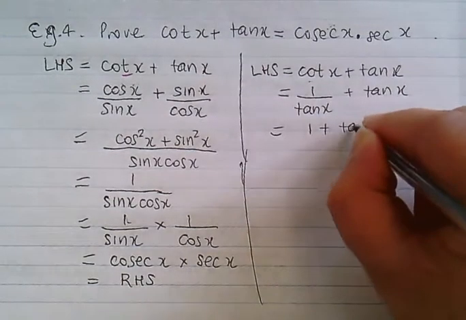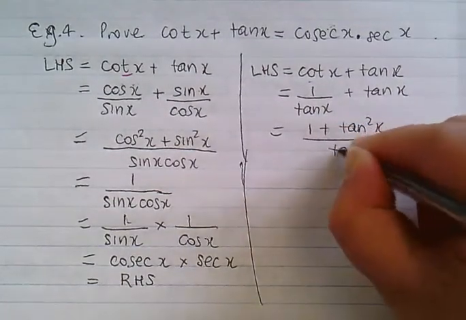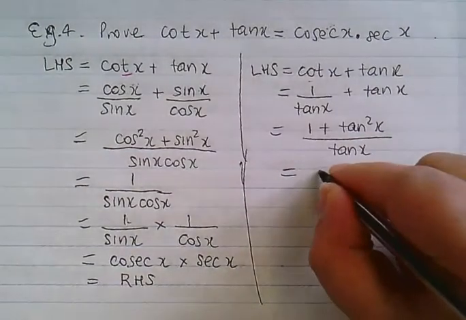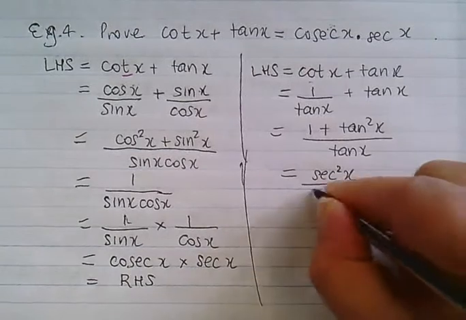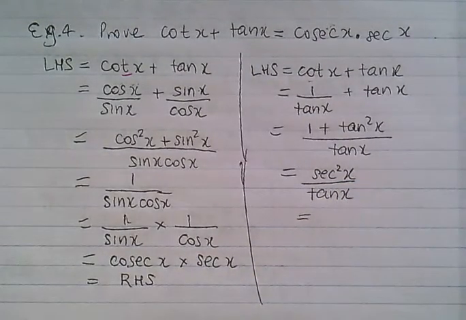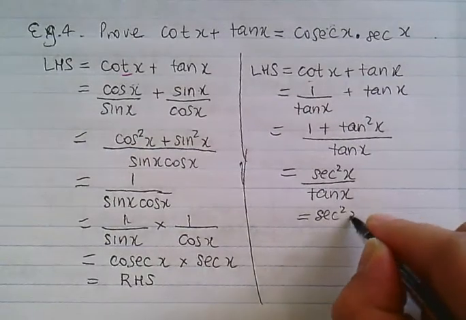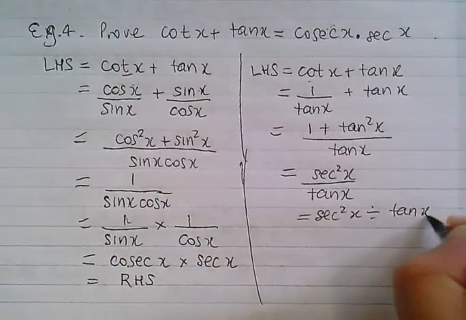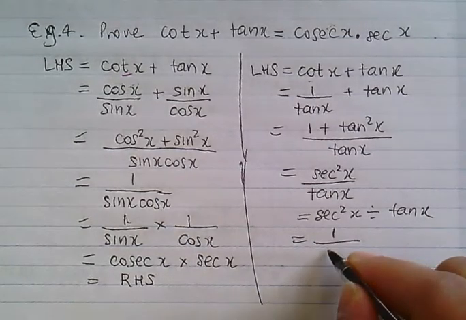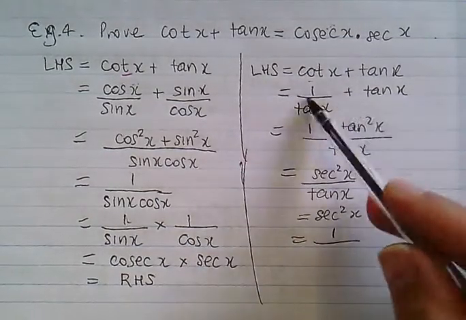I'm not saying I would do it this way. 1 plus tan squared, well, see how this is not really getting me anywhere? Then you'd have to write this as sec squared x divided by tan x.